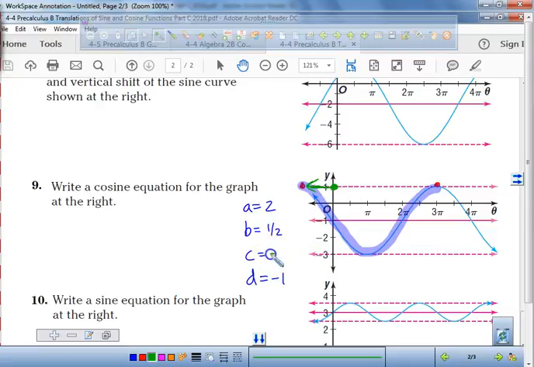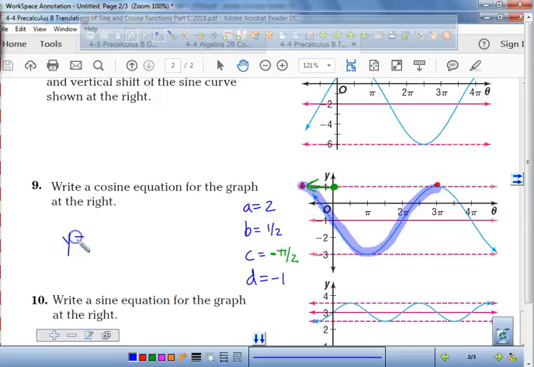It's becoming a negative pi over 2. If I moved it this distance, right here, this would become a negative pi over 2. So here's what I want you guys to do. We're going to write a different graph.